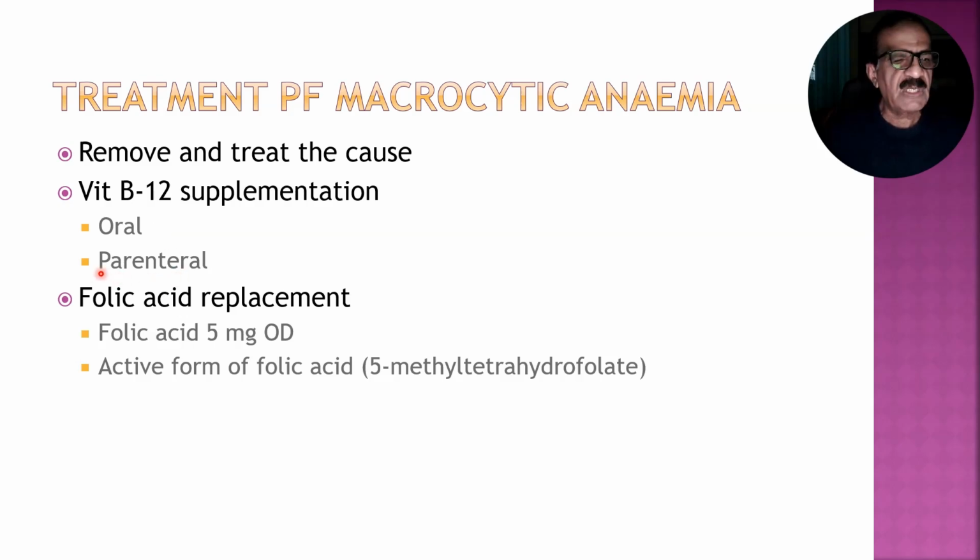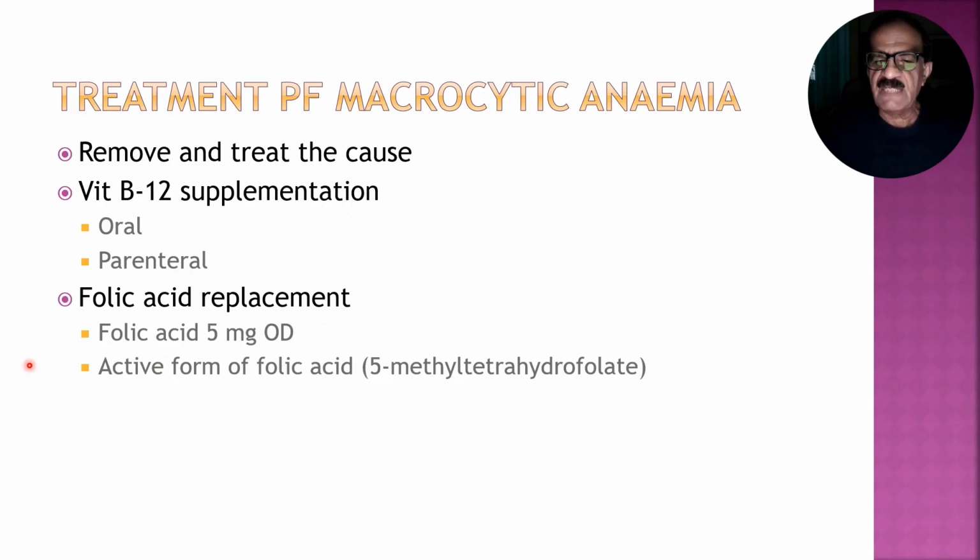Or in some cases you might like to replace vitamin B12 parenterally. People with pernicious anemia cannot absorb vitamin B12, so oral supplementation will not be effective. So you will have to give it parenterally, either intravenously or intramuscularly. I think 10 injections of vitamin B12 over a period of 2 or 3 months will correct anemia.